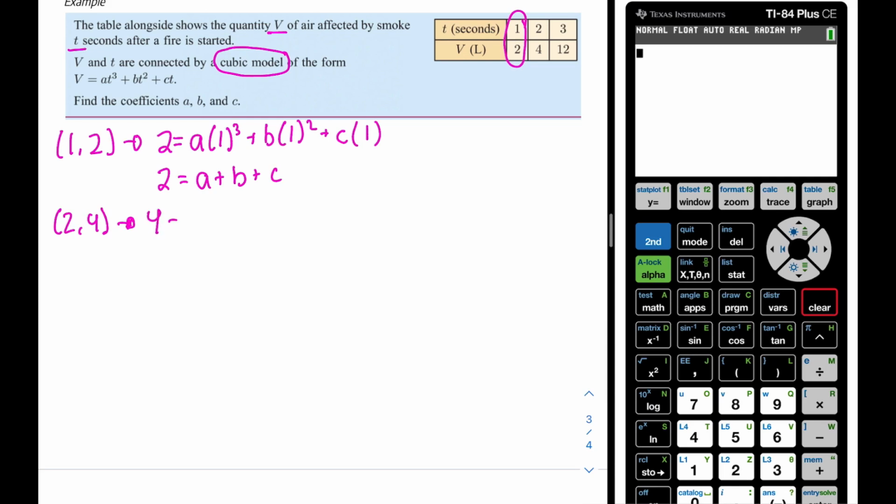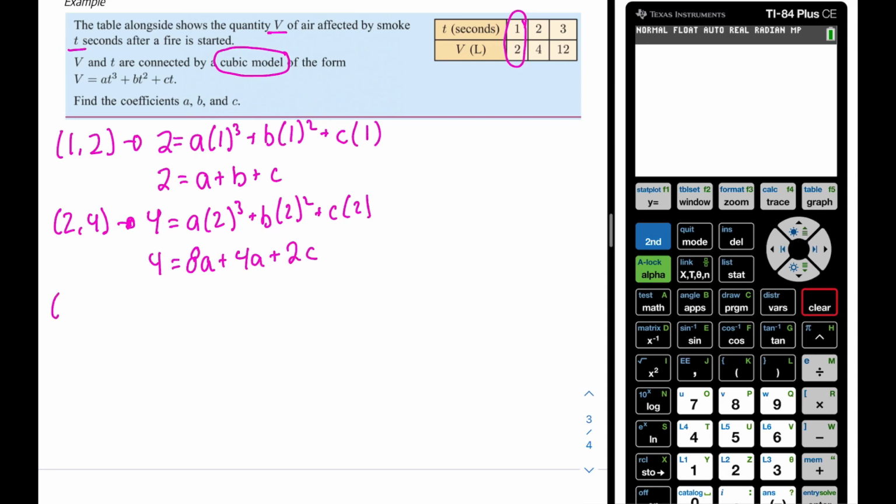So I get 4 is equal to a times 2 cubed plus b times 2 squared plus c times 2. If I simplify this, 2 cubed is 8, 2 squared is 4, and then 2.